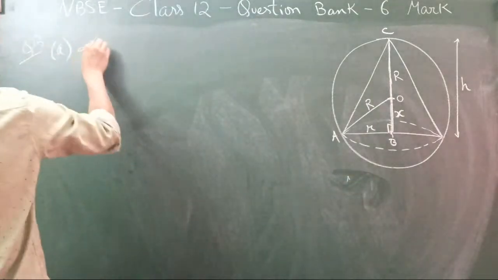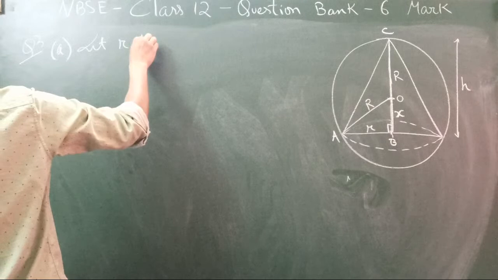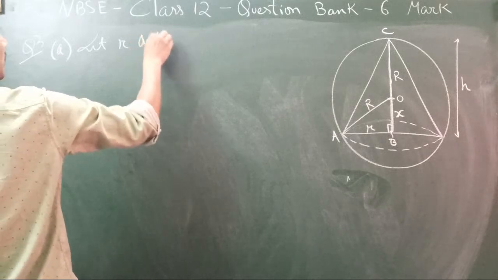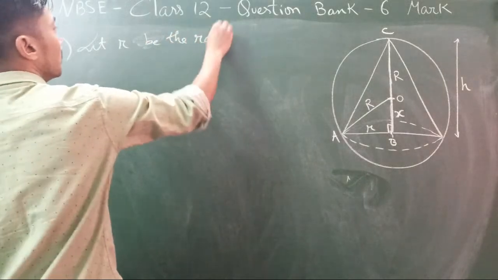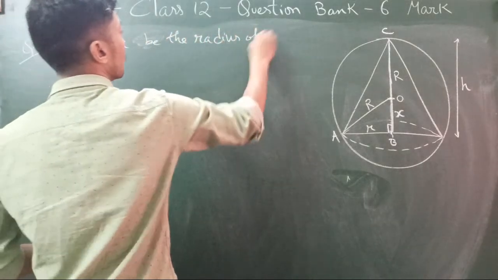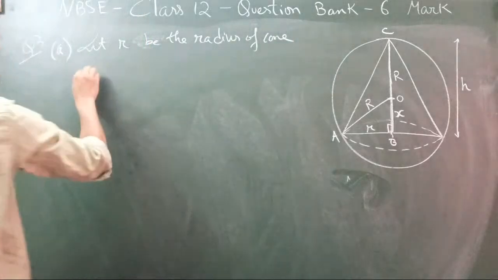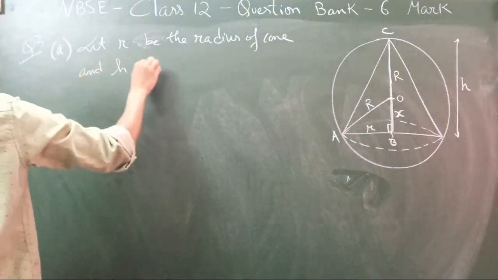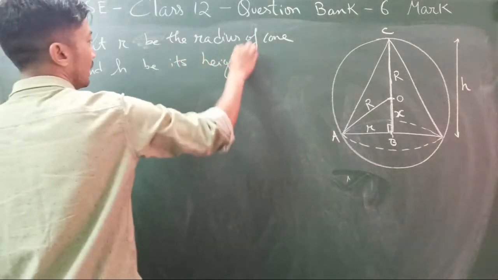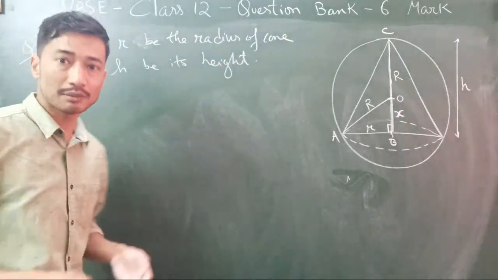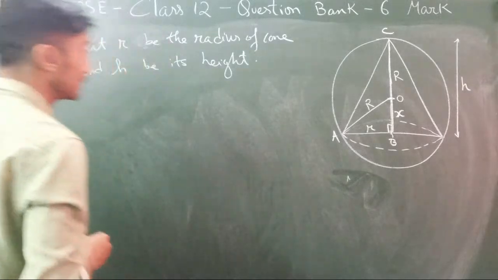So anyway, let r be the radius of cone and h be its height. Radius of sphere already given, capital R, so that remains a constant since it is already given.